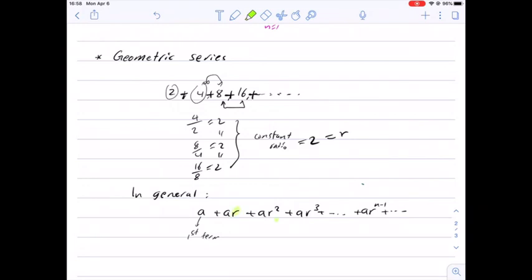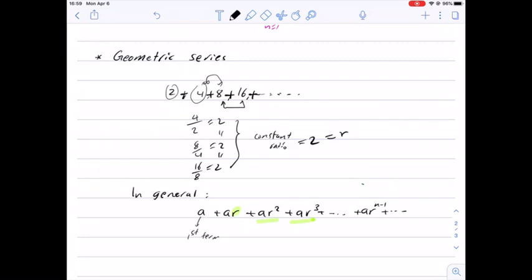Then we multiply the second term by r to get the third term. Then we multiply the third term by r to get the fourth term, and so on. So we obtain each term from the preceding one by multiplying it by the common ratio r.